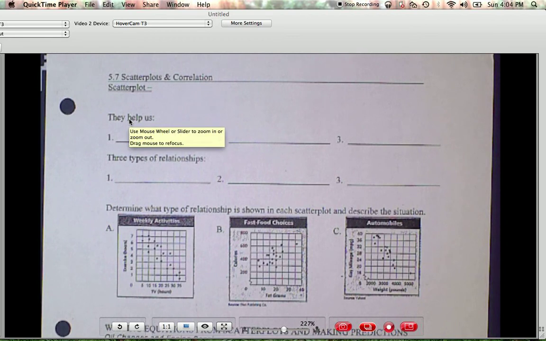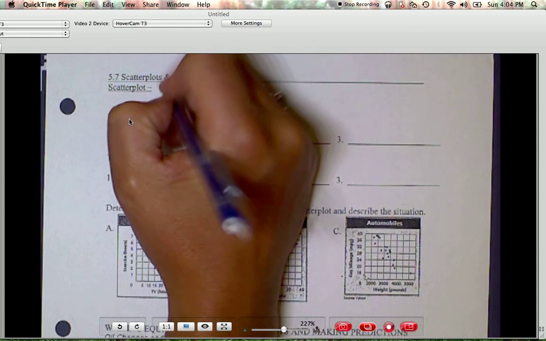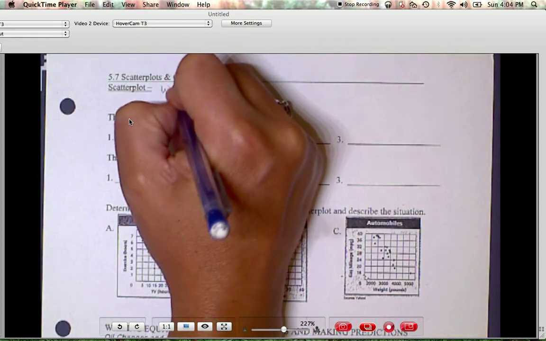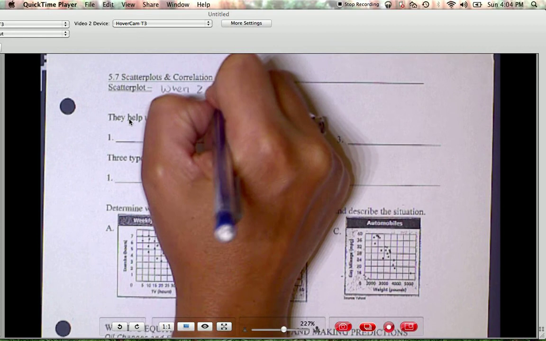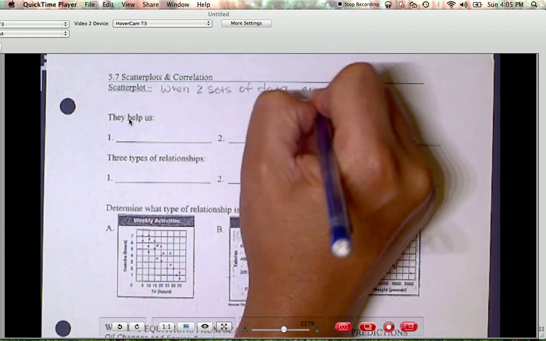The last section in the writing equations unit is about scatterplots and correlation. A scatterplot is what we get when two sets of data are plotted.